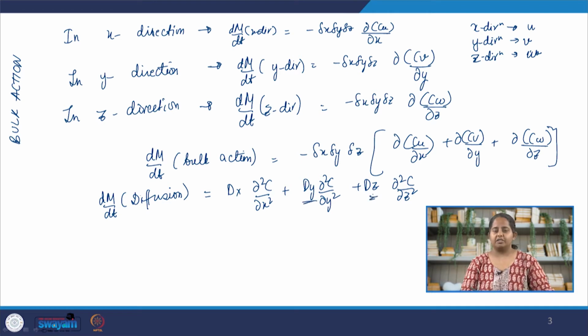One of the assumptions is that the diffusion constants remain constant with x, y and z. So in x direction is going to be dx, in y direction is going to be dy, in z is going to be dz. That is the reason why dx, dy, dz could come out.